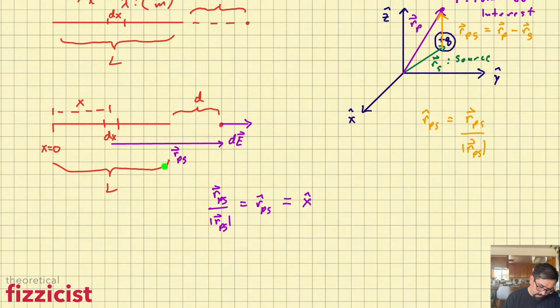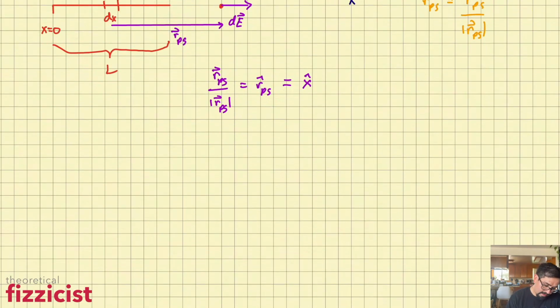I know the entire rod is a length of L, and furthermore, I have to travel a distance d to get to that point of interest. But wait, RPS isn't L plus d. It's all of this distance minus this distance x. So immediately we see from the geometry that the magnitude of RPS has to be L plus d minus x.